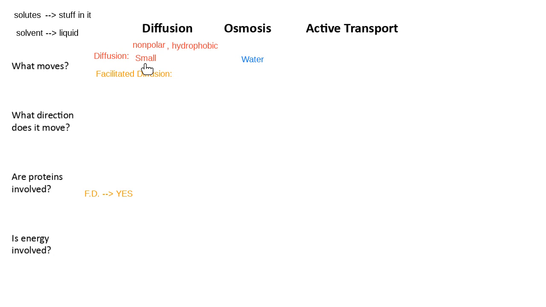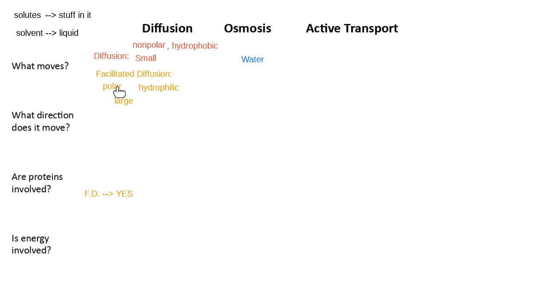Sometimes, though, I want to move stuff that is not nonpolar. I want to move stuff that is polar. Here's my first description of what moves here, something polar. Or maybe I want to move something that's hydrophilic. It really likes water. Or I might be moving something that's a little bit larger. It's not super small.